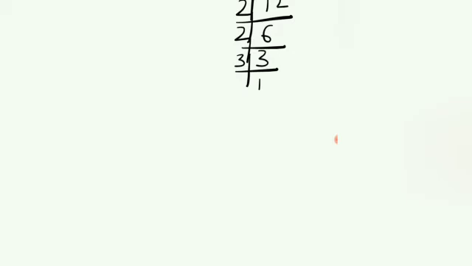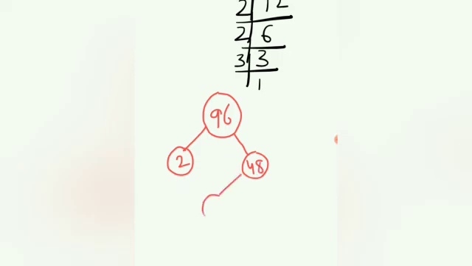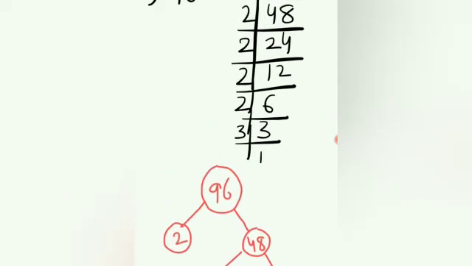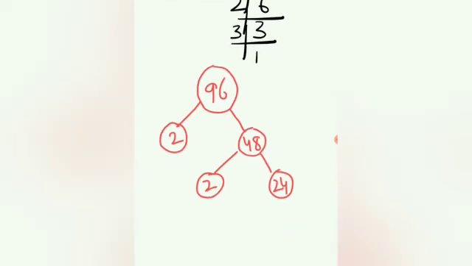Now we have to show it by diagram. We write the number 96 here, and I told you in the previous part that on the left side of the circle we write the prime number we are using to divide. So 2 48s will come here, and then again with 2, 24 will come to you. Then 2 24s, 2 12s, 2 6s, this is the way you have to solve.